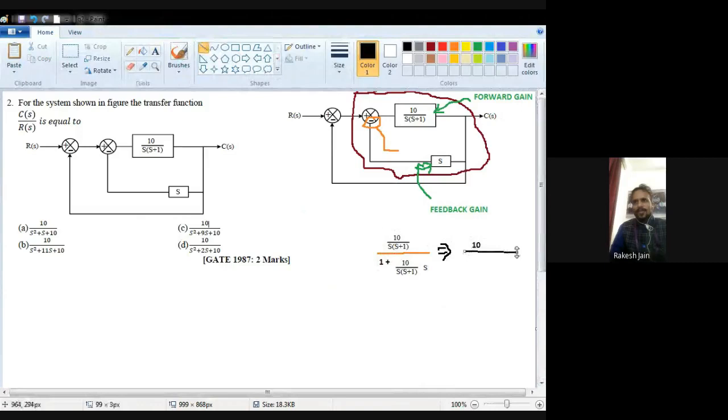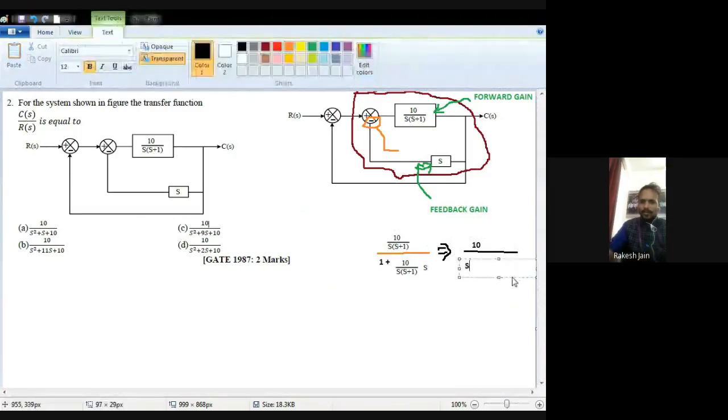S square plus S plus 10S. S square plus S plus 10S. This one will be square.